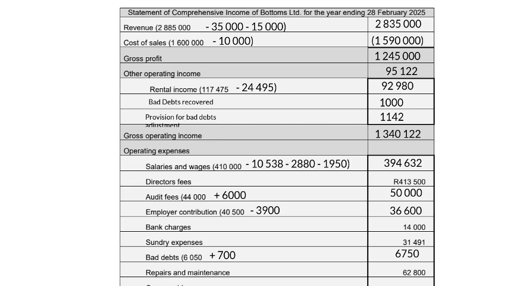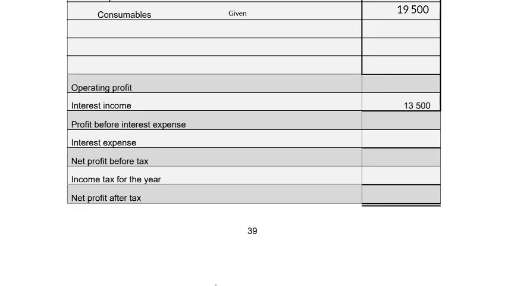Repairs and maintenance remained unchanged, and consumables was given as 19,500 Rand. Depreciation will be according to adjustment 2.7.